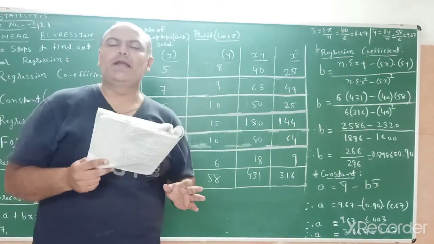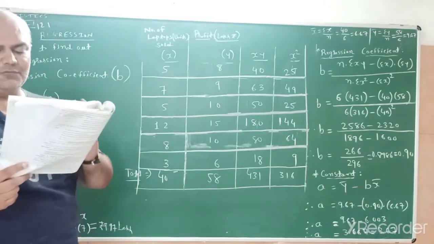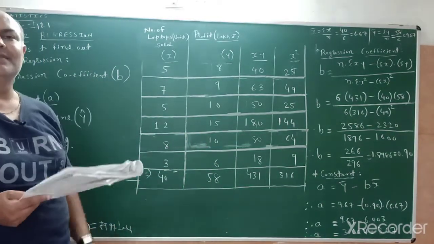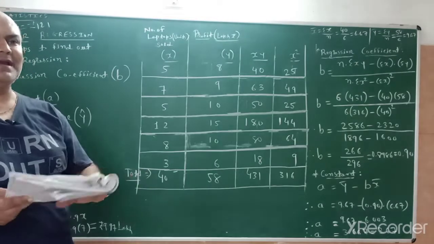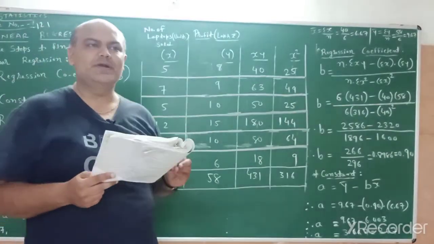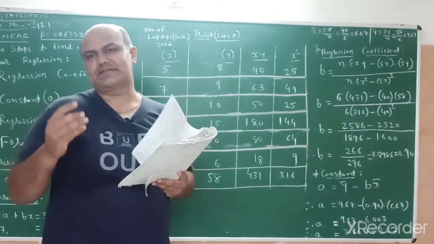3 columns are provided in the question. First is month, 1, 2, 3, 4, 5, 6. There is no need for the column of month. It is just to confuse us.